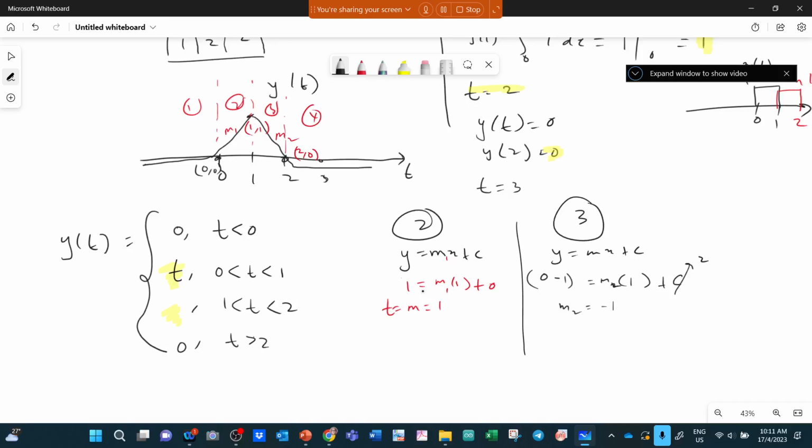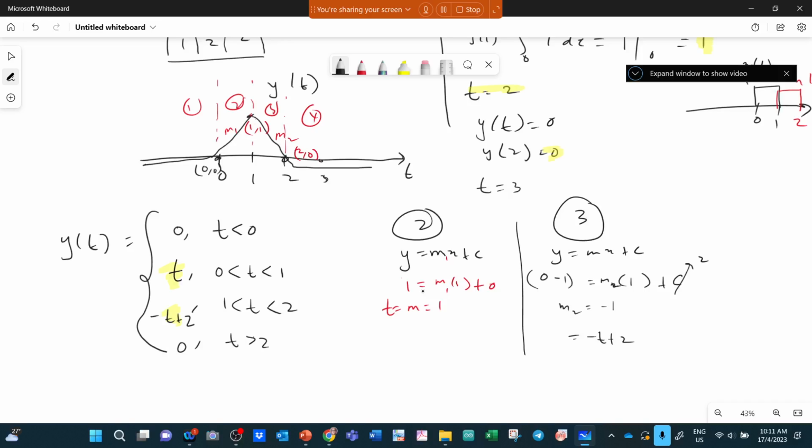So for this equation, if you substitute y again, you get minus t plus 2. This one will be minus t plus 2. This is y equals mx plus c.